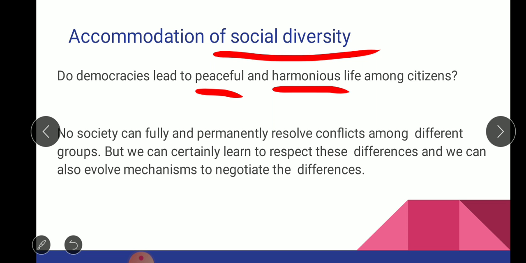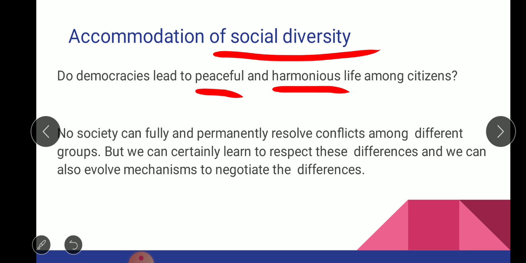Let's go back to the previous chapters, like the first chapter where we studied about Belgium. Do you remember, my students? Belgium had successfully negotiated because it had different ethnic populations. So democracy usually develops a procedure or a competition among the people to put them into a good aspect and show them in a positive manner.